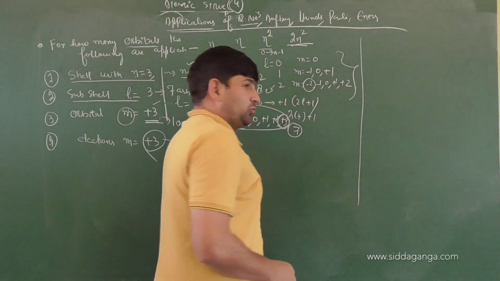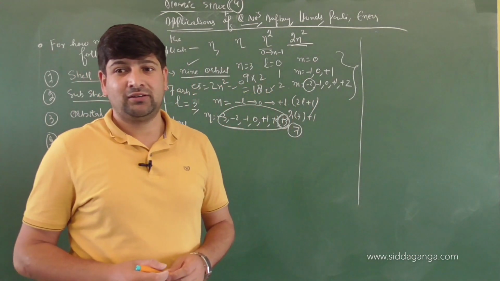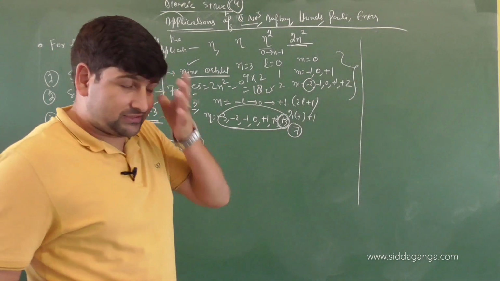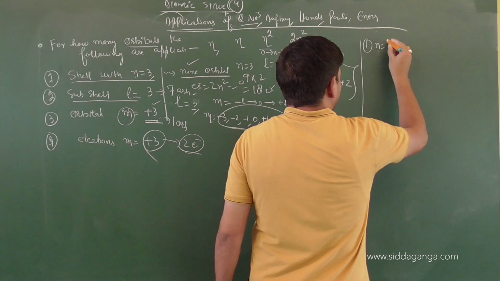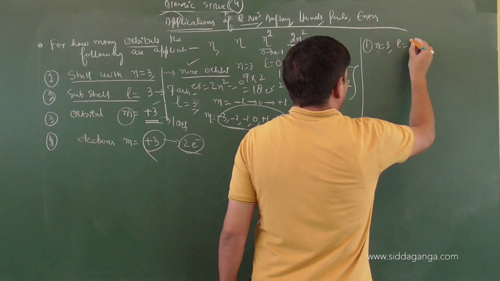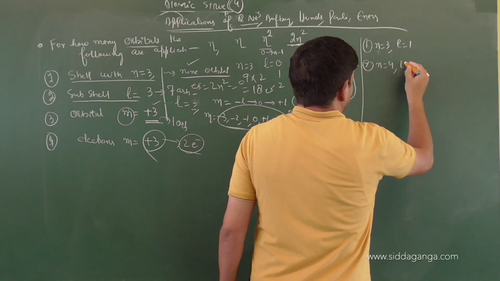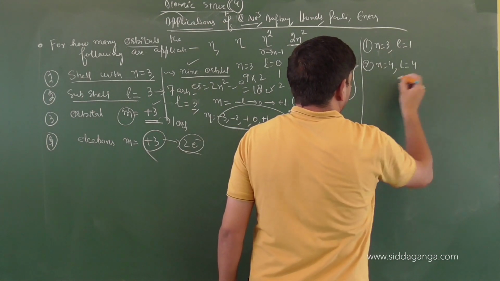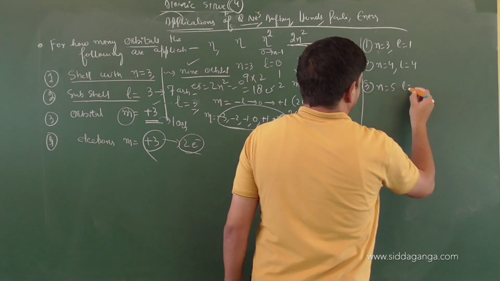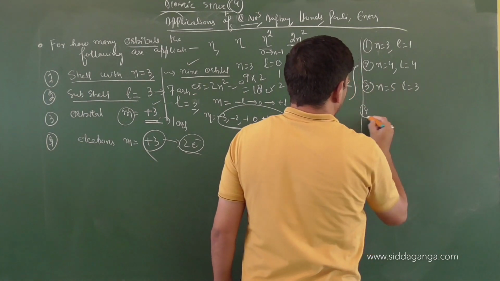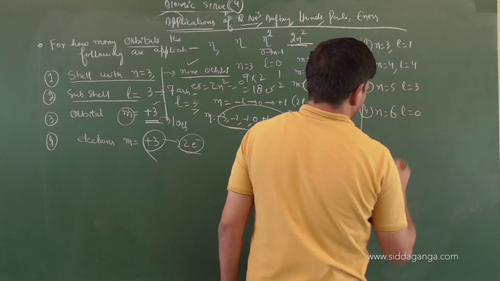Okay. We have to represent the following by their orbital notations. First one, n value 3, L value 1. Second one, n value 4, L value 4. Third one, n value 5, L value 3. Fourth one, n value 6, L value 0.